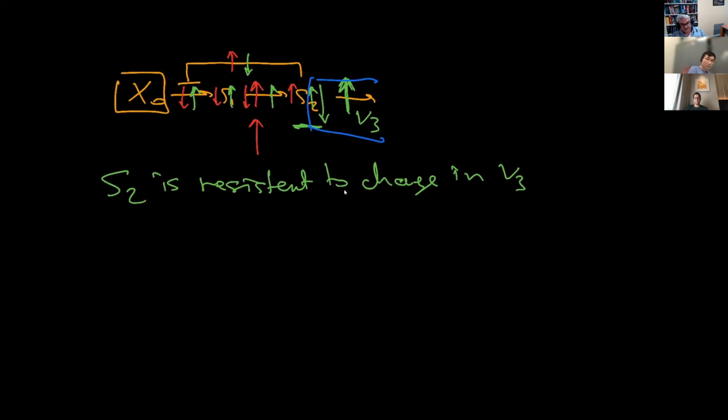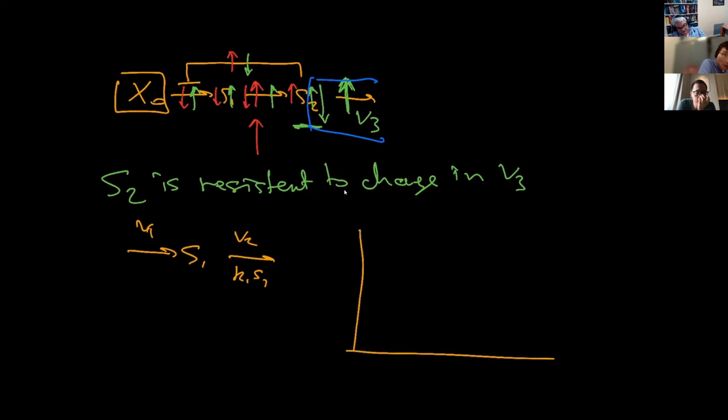Now, you can see this effect with a two-step pathway, graphically. If I had a two-step pathway like this, V1, V2, and I'll make this simple mass action, what I'll do is plot V1 and V2 against S1. If I plot V2, it's a straight line. Now, what about V1?